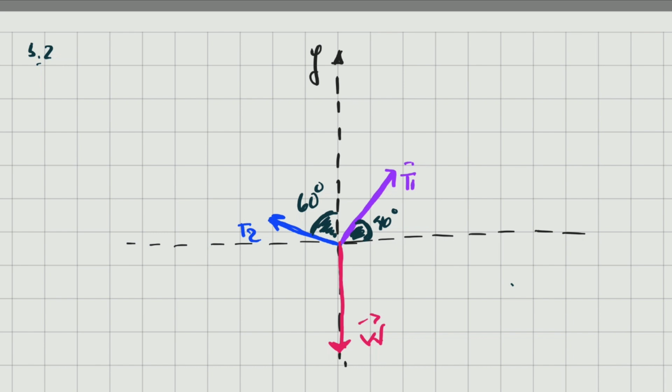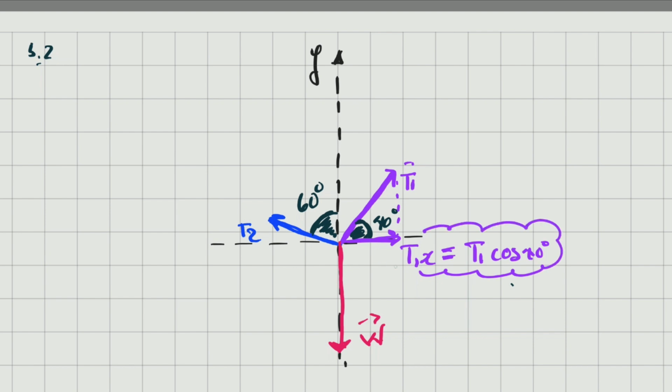Now let's quickly have a small analysis, and you will see this work has been done before. This T1 is not on the axis and therefore we have to get a component. It must come here, and you will have T1 in X, which according to the angle is the adjacent side and therefore equals T1 multiplied by cosine of 40 degrees. This is given by math, it's not even physics.